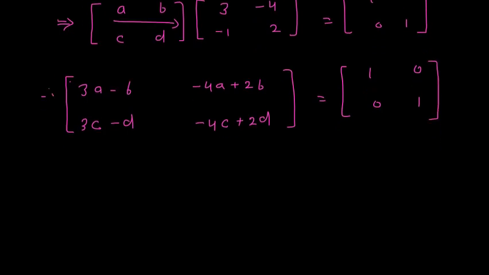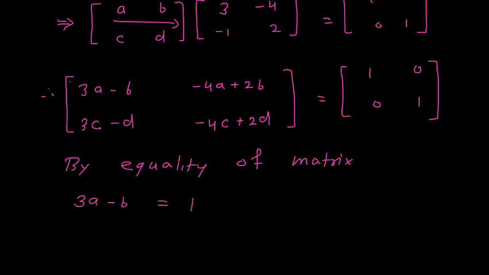When we compare both the sides, by equality of matrices, 3a minus b will be equal to 1, and minus 4a plus 2b is equal to 0. Let us say this is equation 1, this is equation 2.